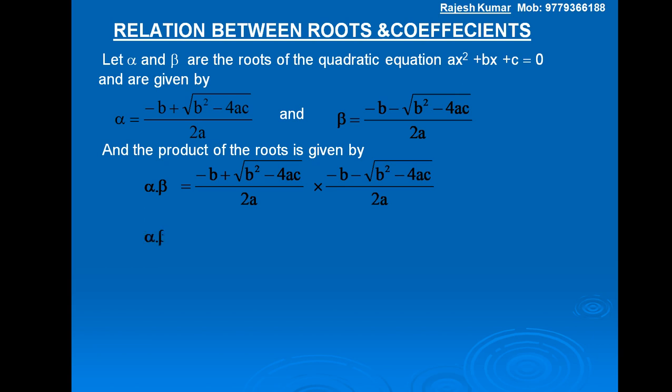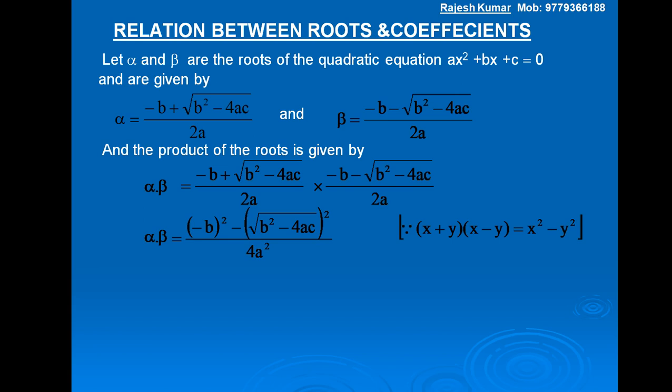So alpha into beta becomes equal to minus b whole square minus whole square of square root of b square minus 4ac, whole upon 4a square, as 2a into 2a becomes 4a square. In the numerator we use the formula x plus y into x minus y is equal to x square minus y square.